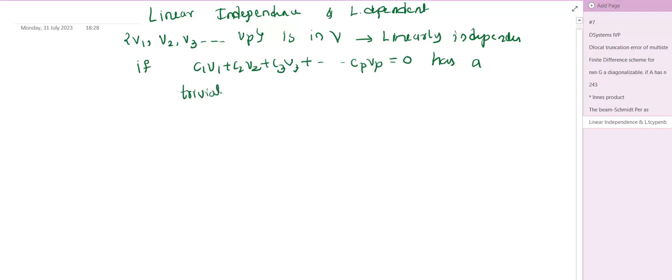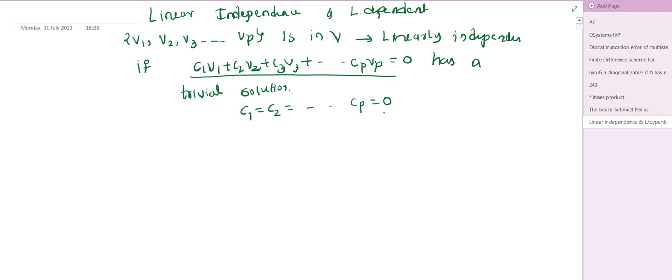When we talk about the trivial solution, it implies c1 equal to c2 equal to and so on up to cp is equal to 0, and then this linear combination will become 0.